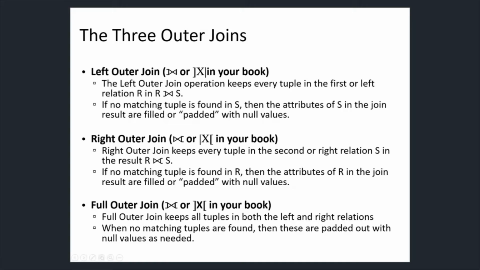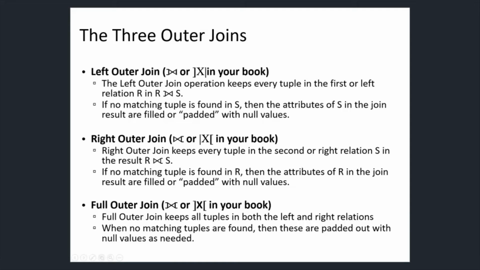And then similar to left outer joins is the right outer join. In a right outer join, it is the same as the left, but it's reversed. So in a right outer join, it keeps every tuple in the second or right relation in the result. If there isn't a matching tuple found in the first relation, R, then attributes in R in the join are filled with null values.